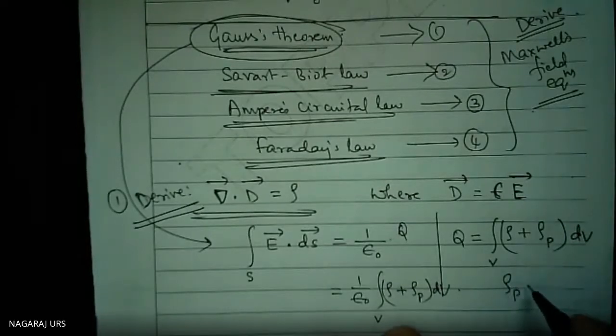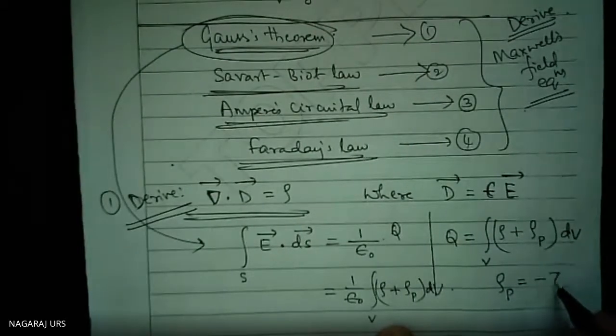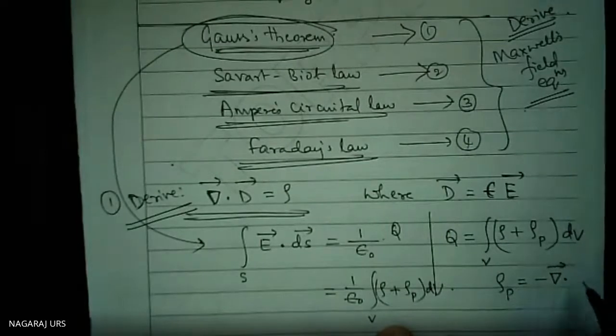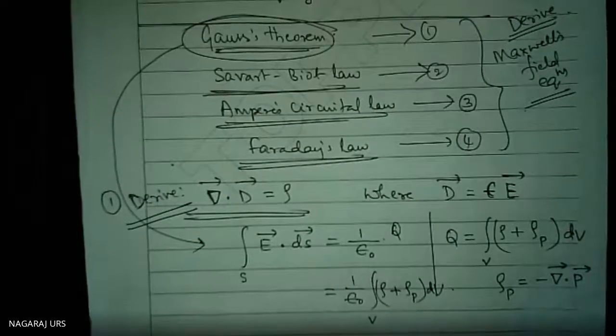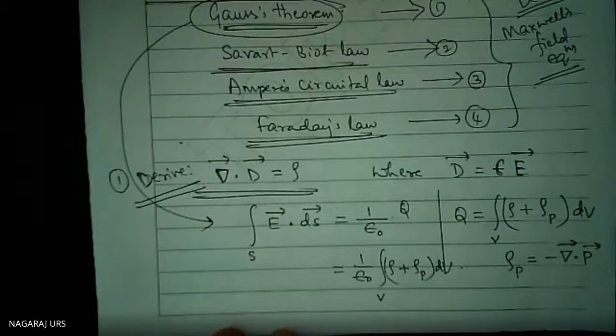Polarization charge density is equal to minus del dot P. I will substitute this value here. Therefore, that is equal to 1 by epsilon naught times rho minus this.